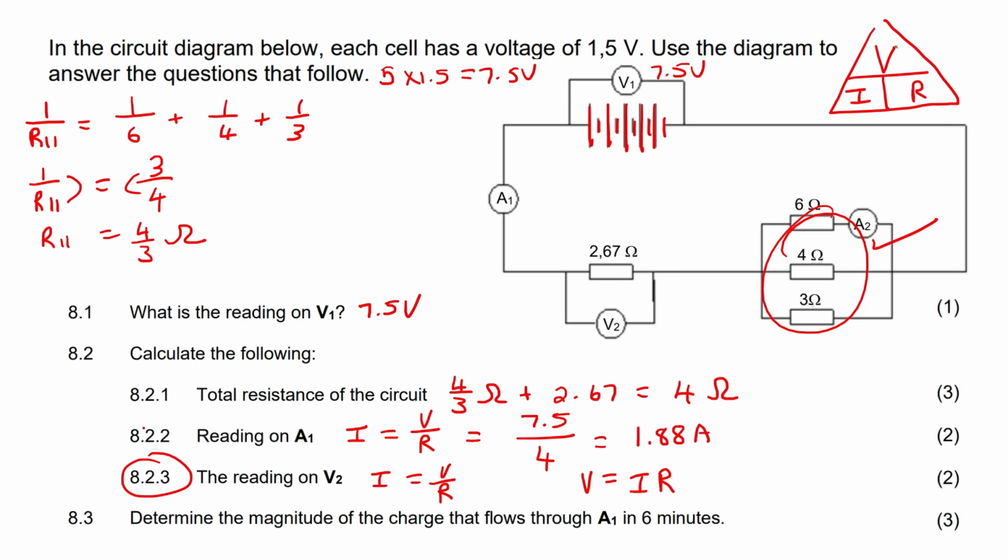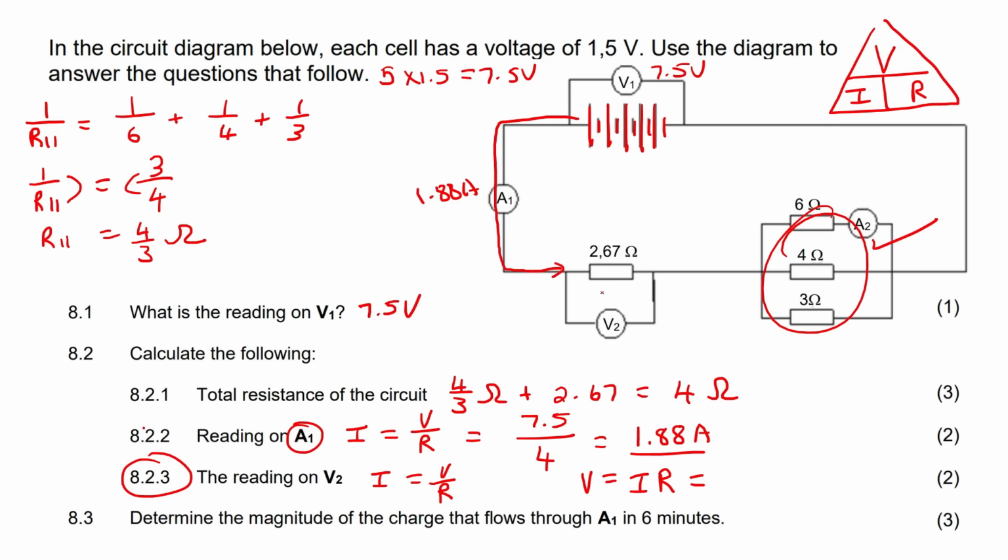Remember, when you're looking for V, you multiply these two at the bottom, okay? Now remember the current in A1 is 1.88 amps. So that's 1.88 going over here.